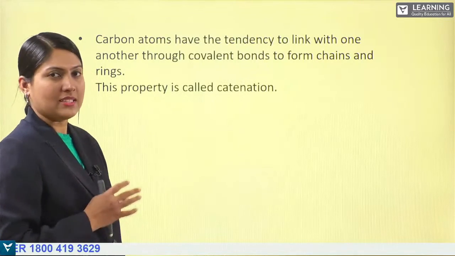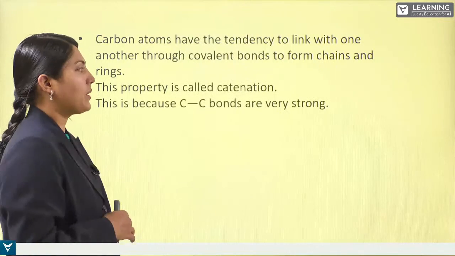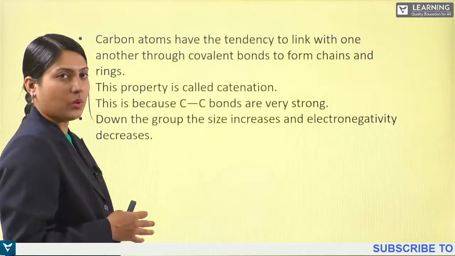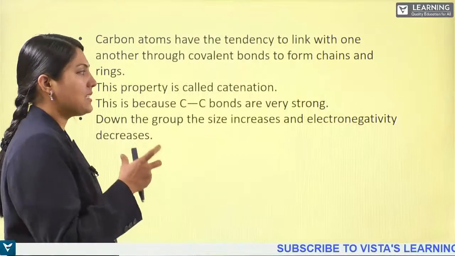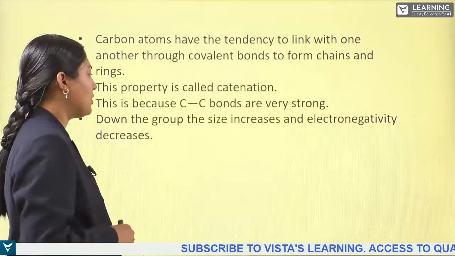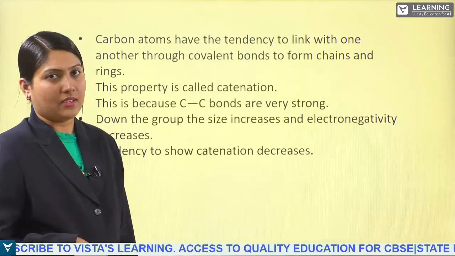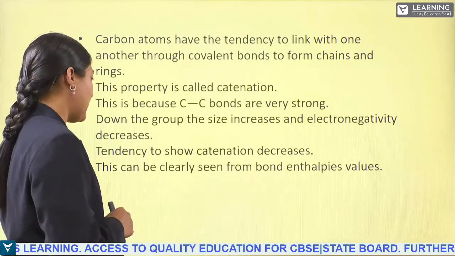This property is called catenation, and this is because carbon-carbon bonds are very strong. As we go down the group, size increases and electronegativity decreases, so the tendency to show catenation also decreases. So other elements cannot show catenation as well.